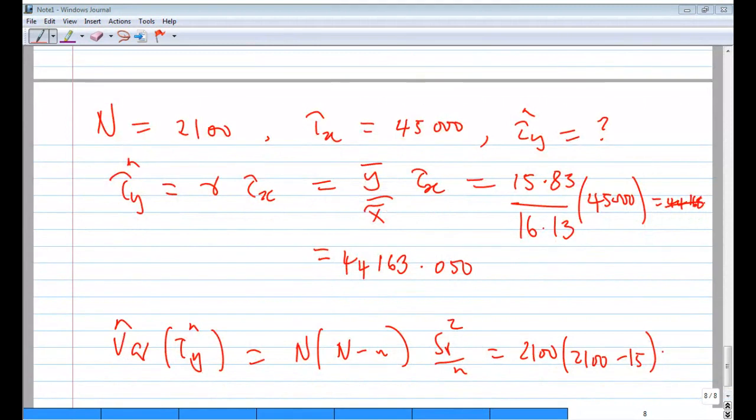Then the sample variance is what? On the table we have the standard deviation, but it's a matter of just squaring that.